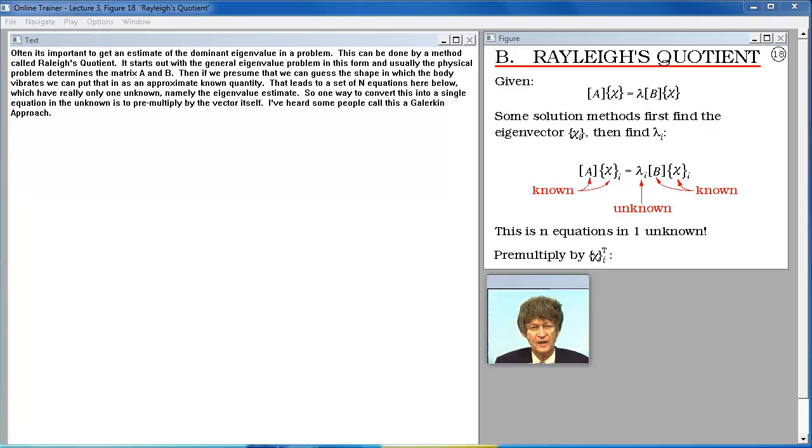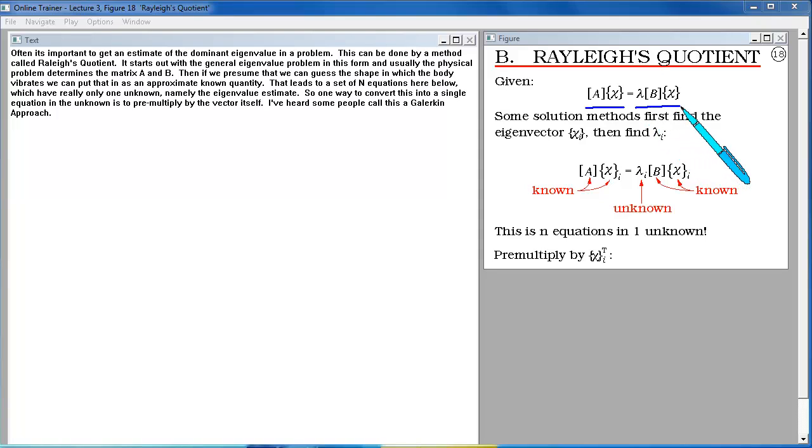Often it's important to get an estimate of the dominant eigenvalue in a problem. This can be done by a method called Rayleigh's quotient. It starts out with the general eigenvalue problem in this form, and usually the physical problem determines the matrices A and B. Then, if we presume that we can guess the shape in which the body vibrates, we can put that in as an approximate known quantity.